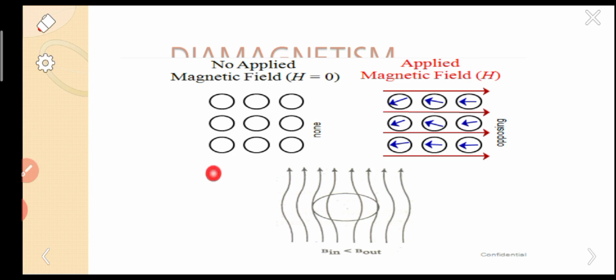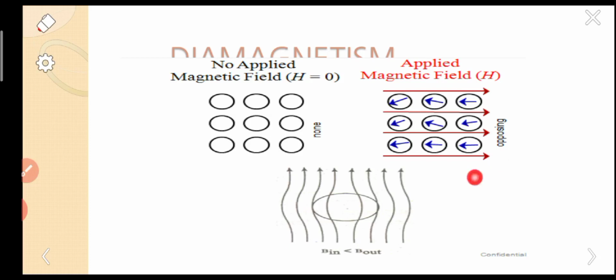So there are no permanent dipoles at all in this type of magnetic materials. Whenever we have applied the magnetic field, the dipoles were induced and they are oriented in the opposite direction to that of the field. Here the dipoles are actually induced by change in orbital motion of the electrons.